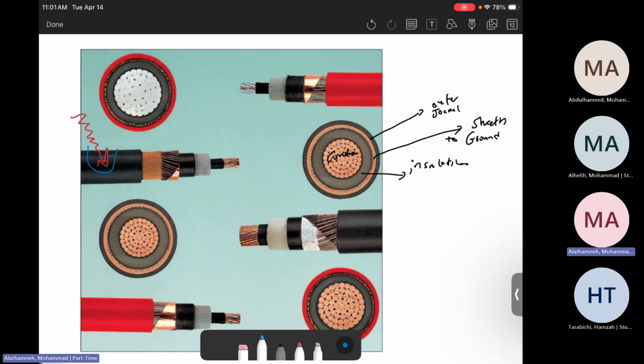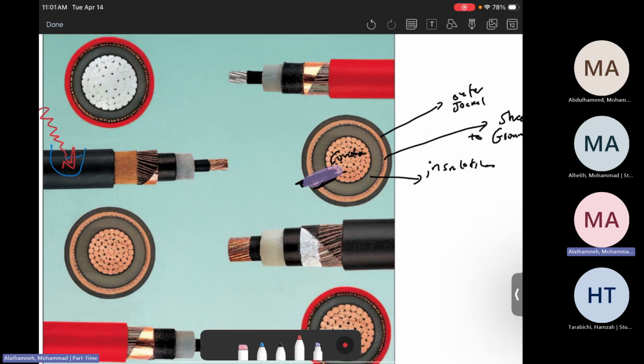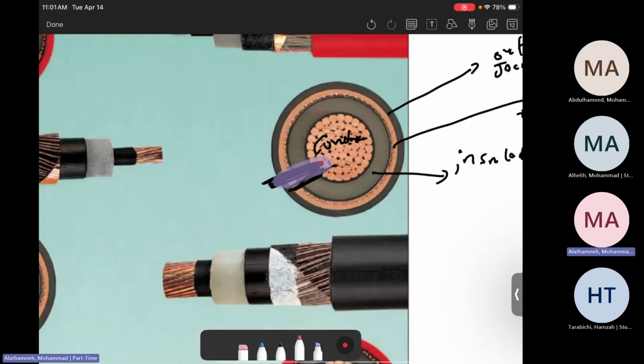When they damage the cable, there will be a line to ground fault. When the damage happens, we want the currents to move from here to here, from line to ground. We don't want the currents to move to the machine, for example, and kill the people working there, the working team.